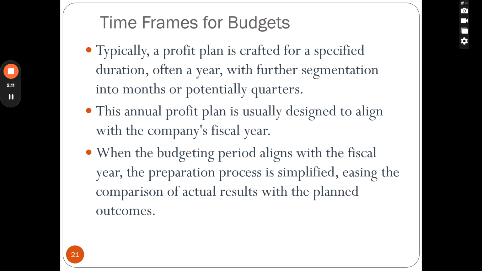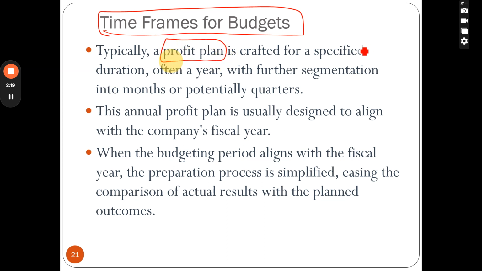And this slide is talking about time frames for budgets. Typically, a profit plan, or we can call it a budget, is crafted for a specified duration. So normally it is 1 year. Maybe you will segment this 1 year into months or quarters. And the period for which the budget is prepared is usually aligned with the company's fiscal year.